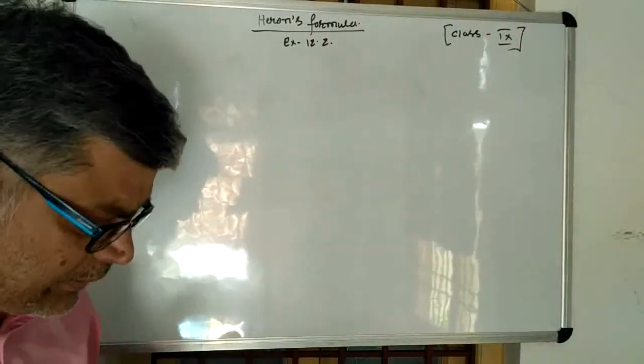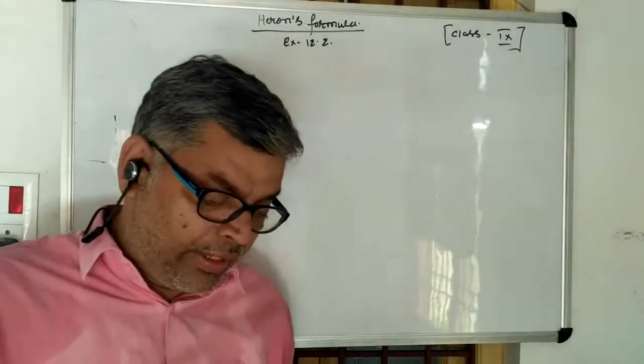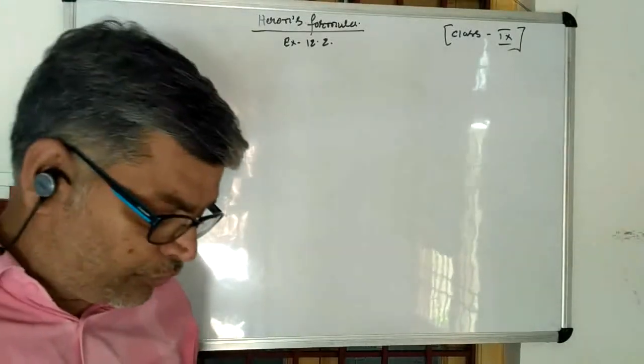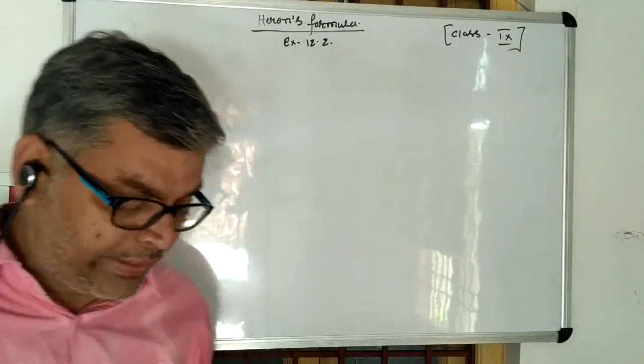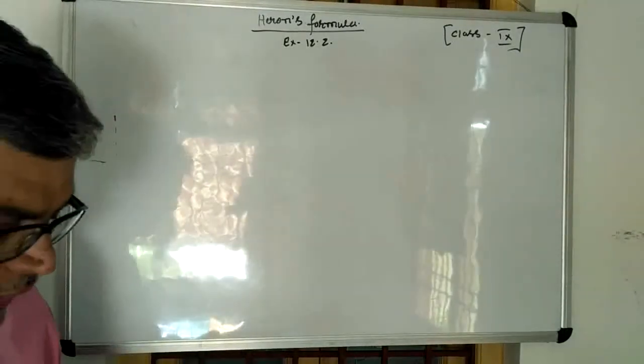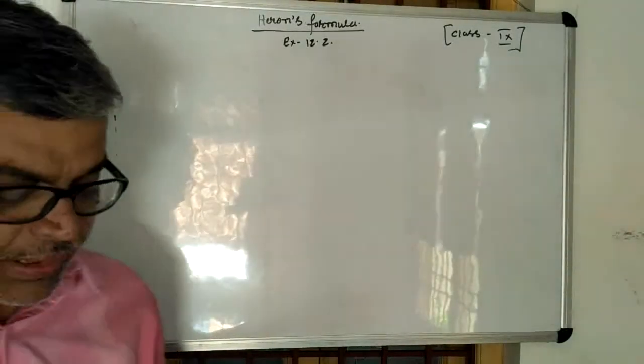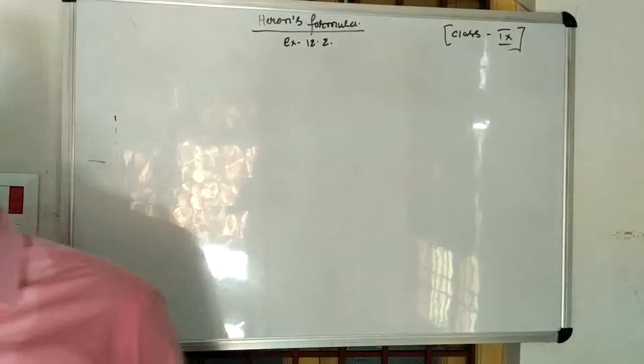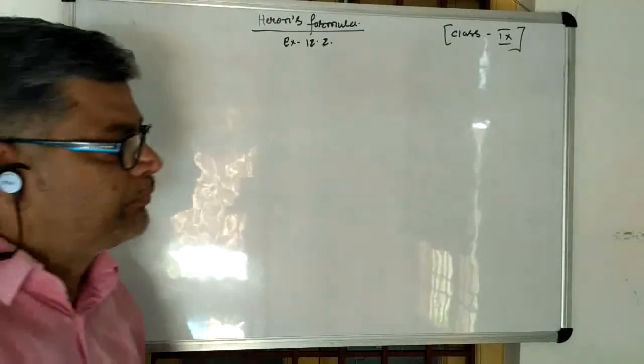The figure of the design is also given. Now you are supposed to find the cost of polishing the tiles at the rate of 50 paisa per centimeter square. So this is the question.